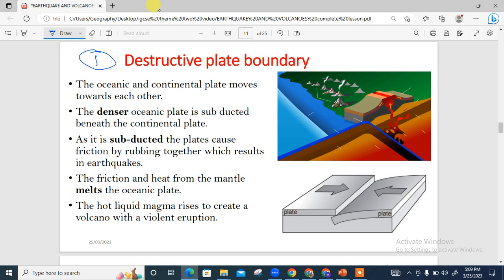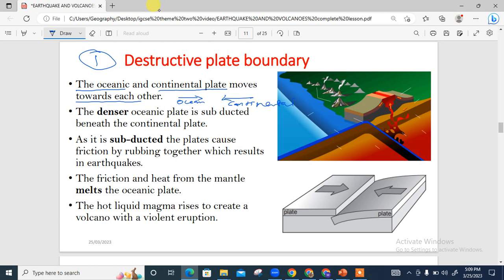Now, in a destructive plate boundary, you find that it is usually between the oceanic and continental plate moving towards each other. Let's say this is the oceanic, and this here forms the continental plate. Now they move towards each other.